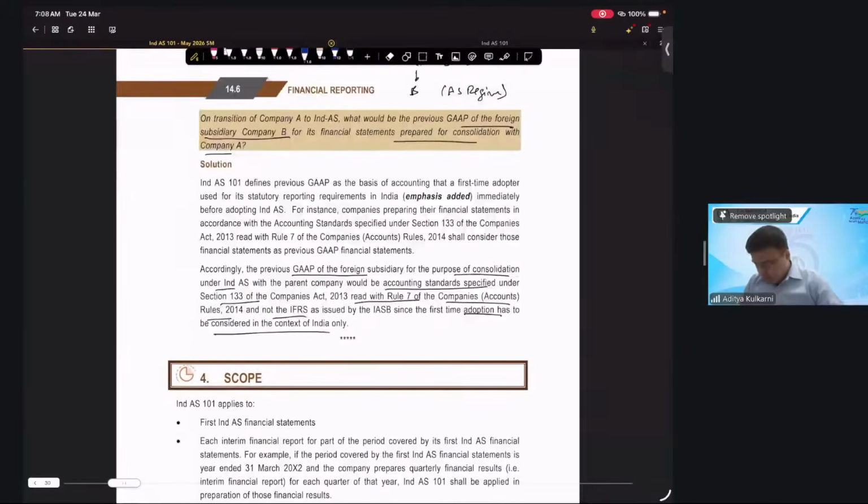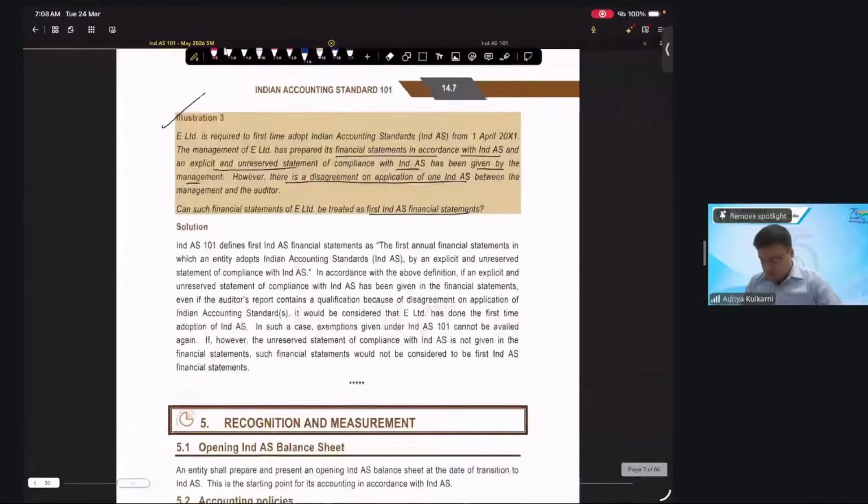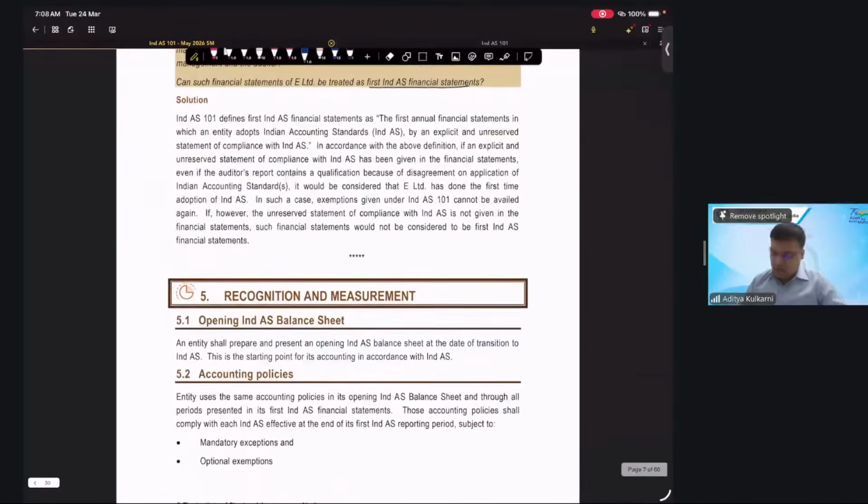Now, when I talk about adoption, try to picture a scenario. I have accounting standard based financial statements and I have to move towards Ind AS based financial statements. So what are the activities that you will be required to do? What are the activities that are required to make this transition?